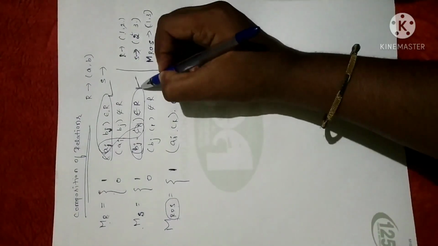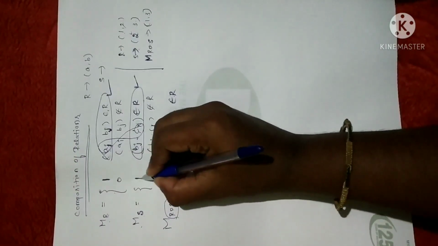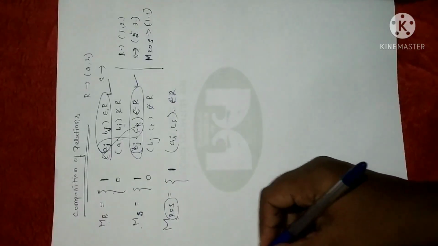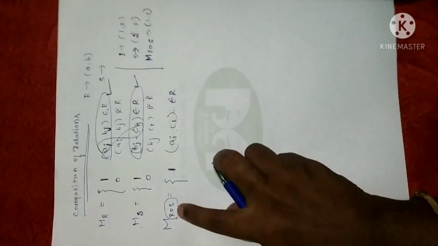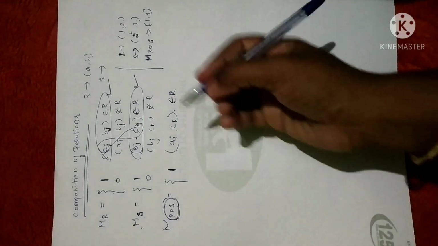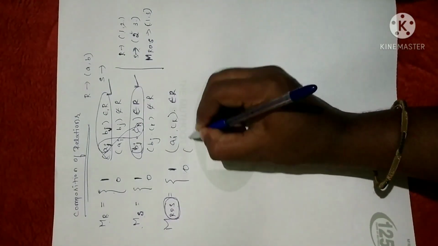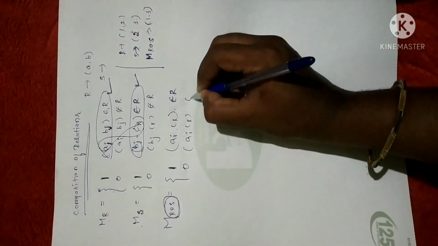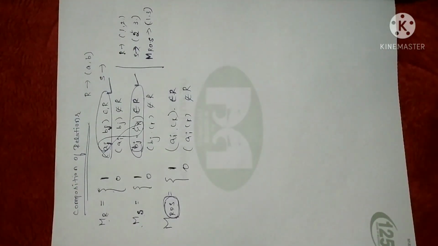The meaning is that if this element is there in the particular matrix, then only we can mark it as 1. If that was the case, we can mark the same for its composition as well. And similarly, it is 0 when (ai, ck) does not belong to R∘S.